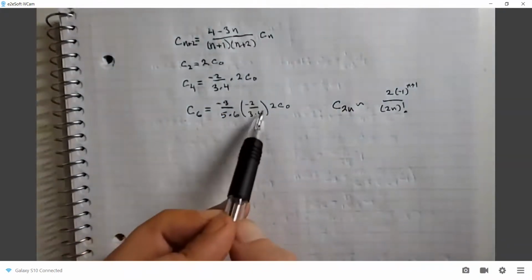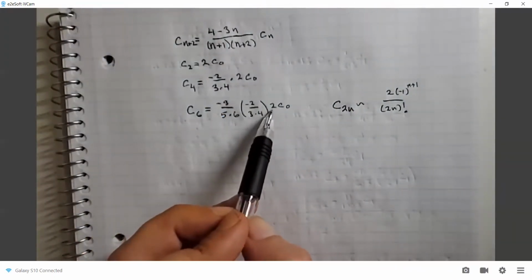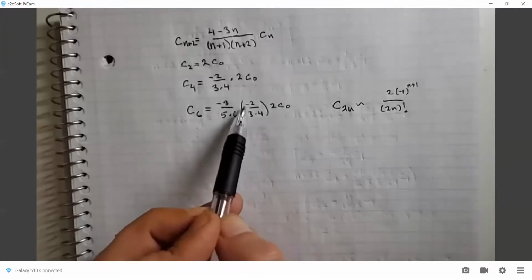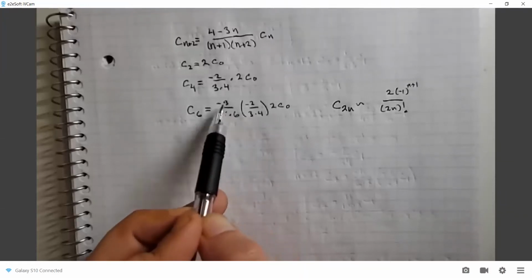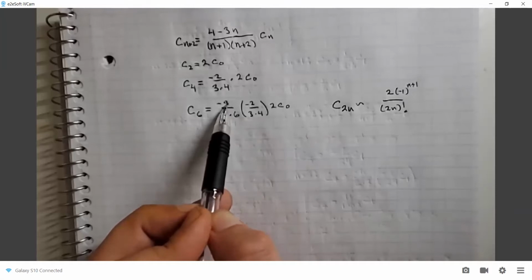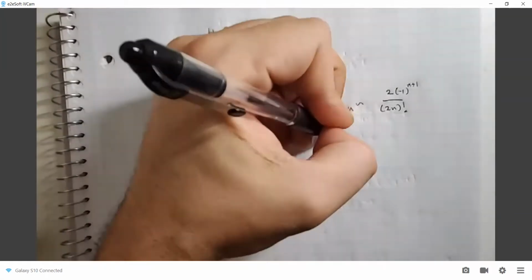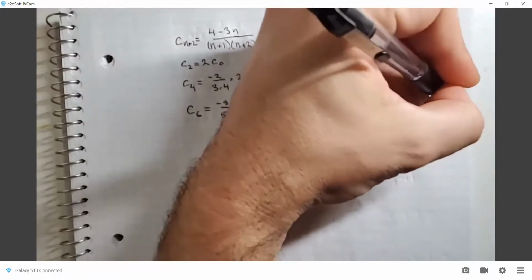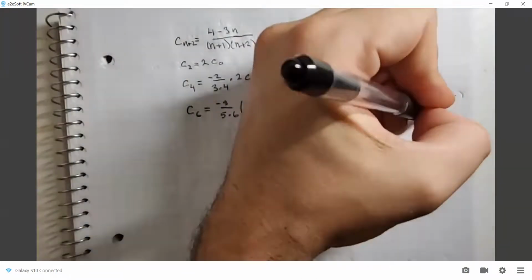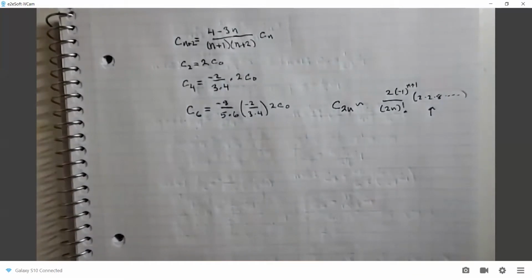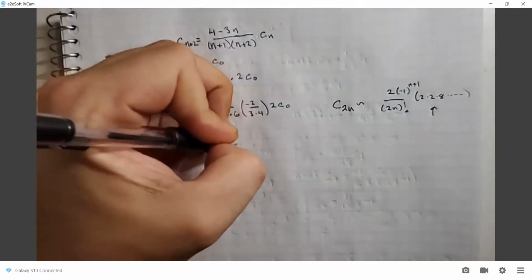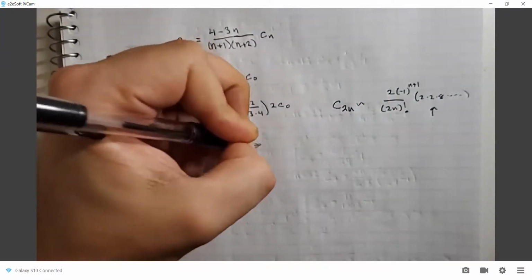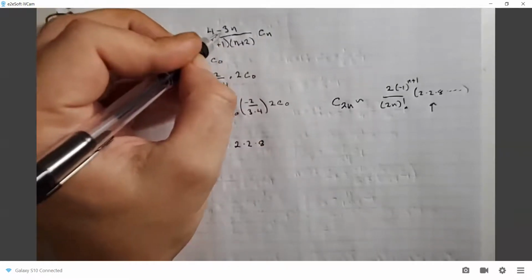And then I just got to figure out what all of these guys are, right? So here we have a 2 times a 2 times an 8. So what's left? 2 times 2 times 8 times da da da da da, right? And so we want to figure out the pattern for this junk. I took the negative out of this.